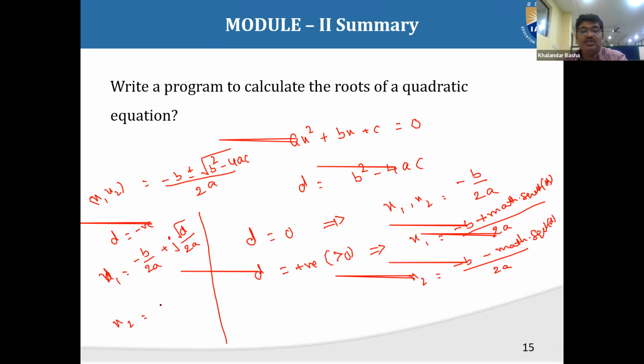Similarly, x2 equals minus b by 2a minus j square root of d by 2a. This is how we require it. Now we will see the programming for this.